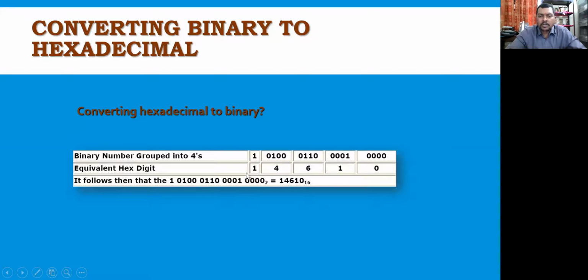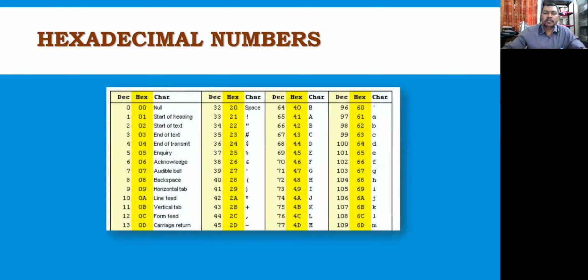So I'm writing 1. So the total number comes out to be 14610 of 16. This is how we convert a binary number. In binary to hexadecimal conversion, we have to take groups of 4 bits, and then we make it a hexadecimal number. Again the same.